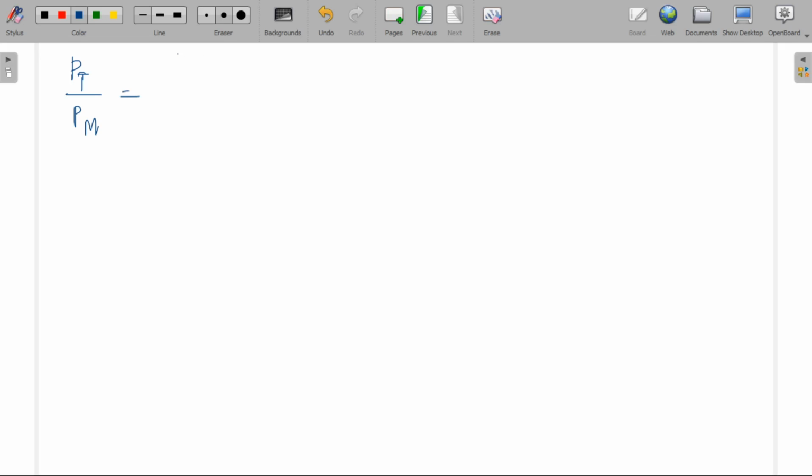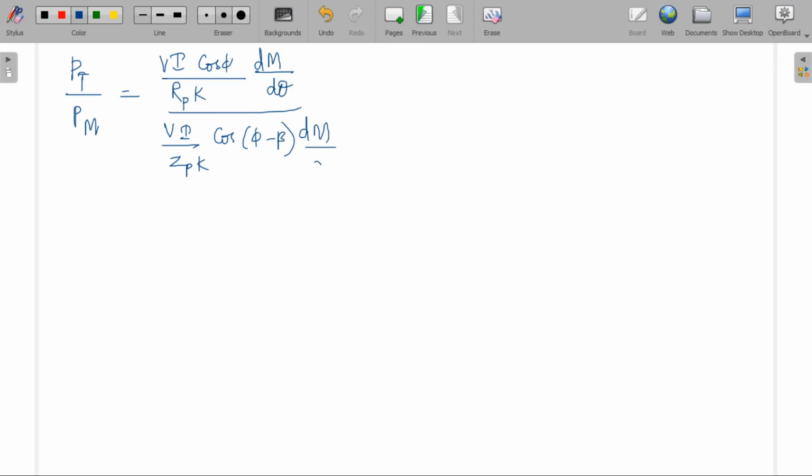True power is V I cos phi by Rp into dM by d theta. Measured power is V I by Zp into K cos of phi minus beta dM by d theta.